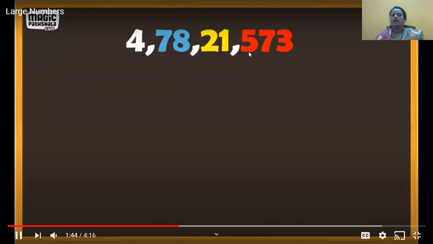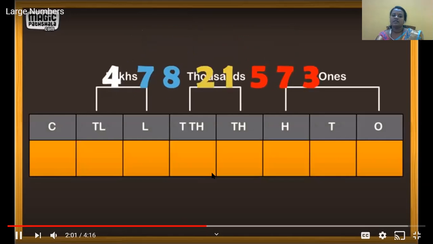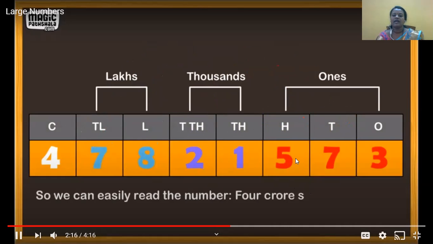So 573 comes in the ones, 21 comes in the thousands, 78 comes in the lakhs, whereas the 4 comes in the crores column. So you read it as 4 crores, 78 lakhs, 21,573.